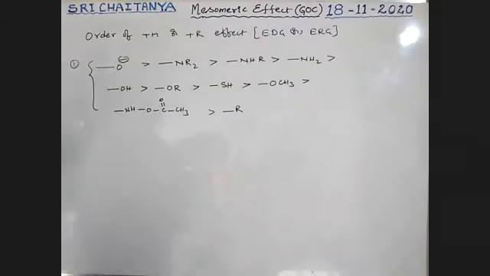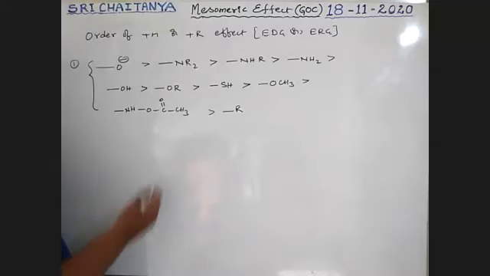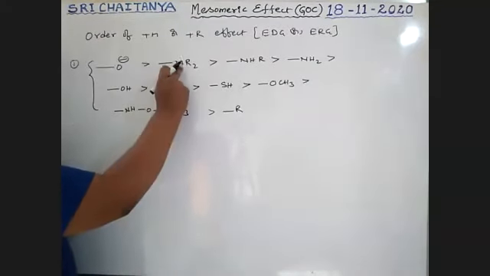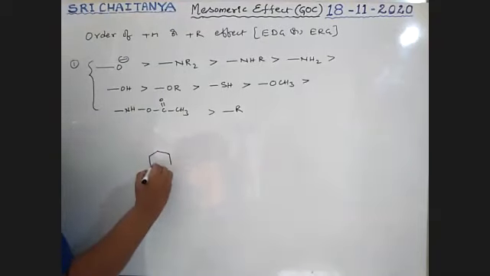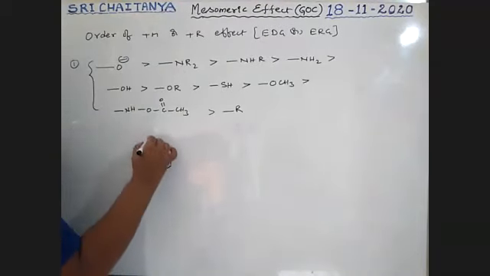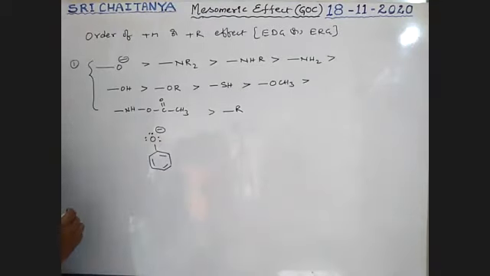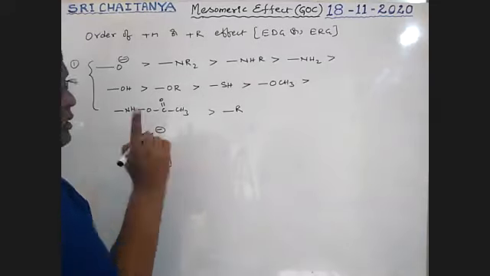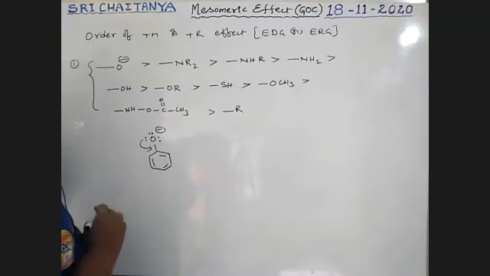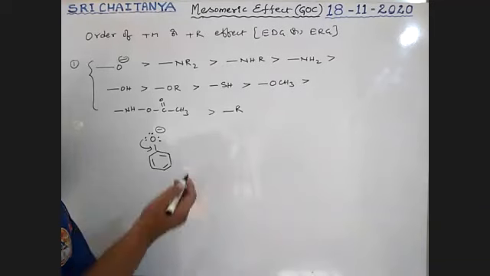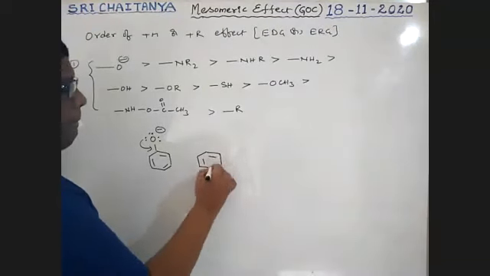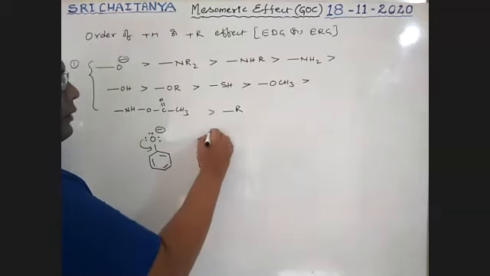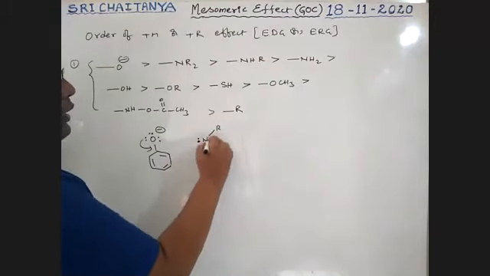Next, how to explain? I'm taking a comparison between these two, boys. See here. O minus means oxygen has 3 lone pairs. That means more repulsions are there, so it is a more donating ligand. Next, NR2: nitrogen has a lone pair and 2 alkyl groups.